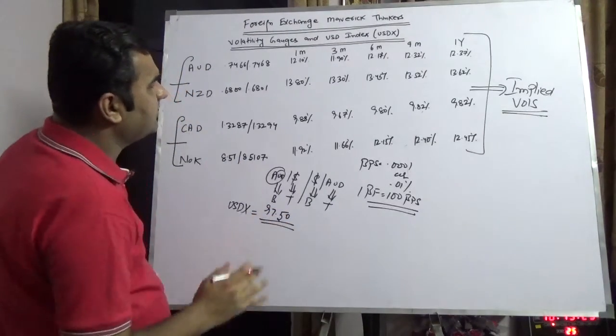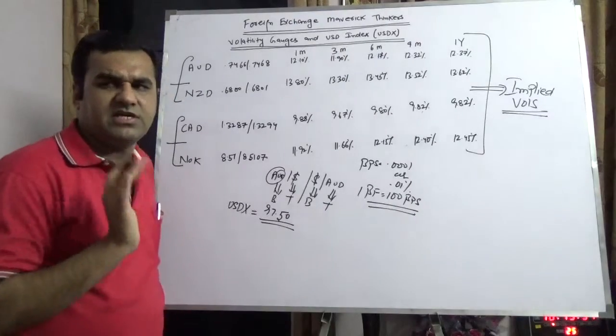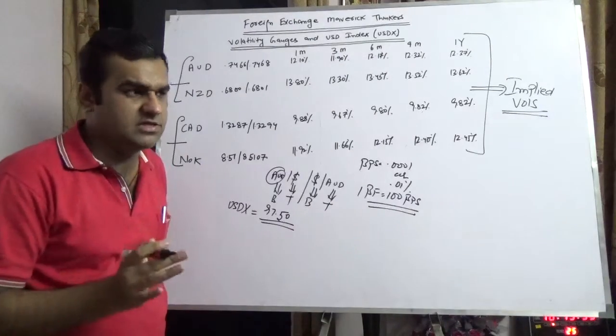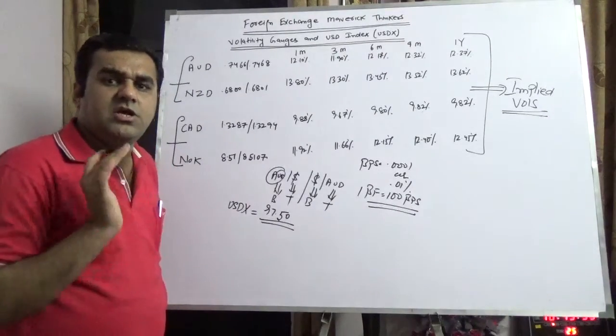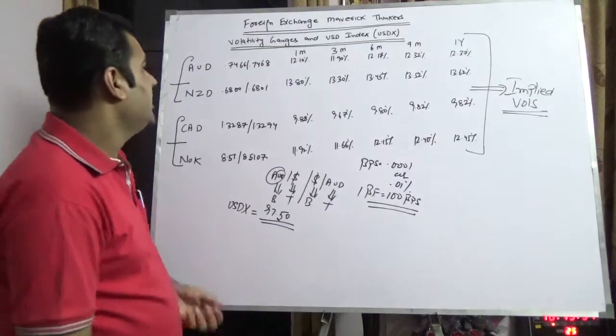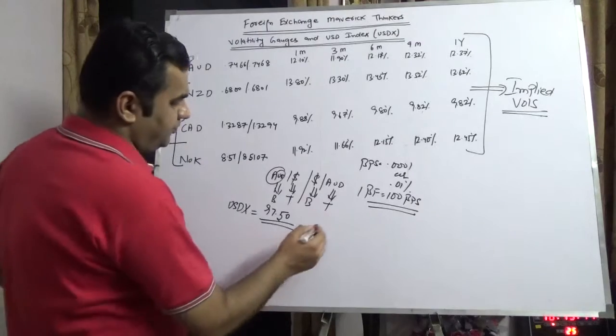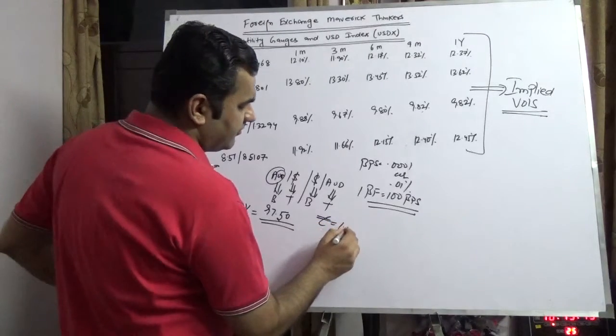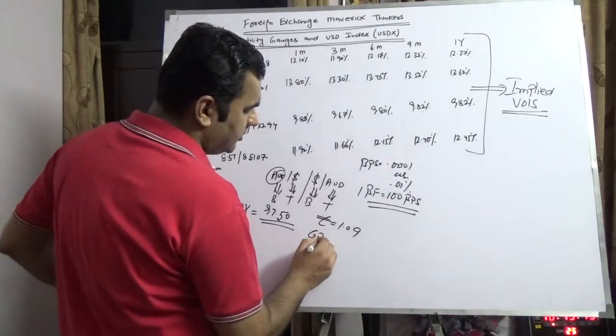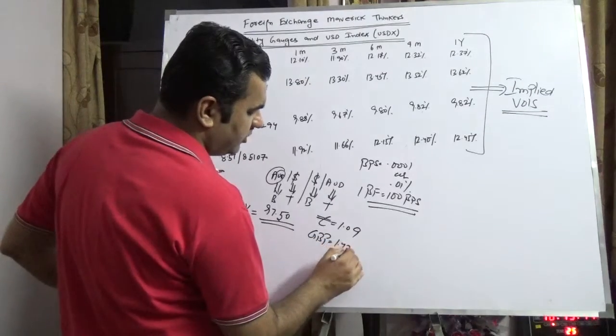Now, the purpose of the video is to make the treasurers, the traders, the bankers, the interbank traders aware of the fact that, sitting today, all the direct pairs are moving up. If I talk about euro, then 1 euro is 1.09. If I talk about GBP, then it is 1.43.